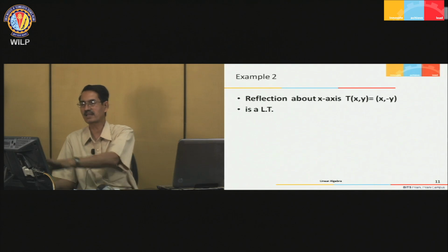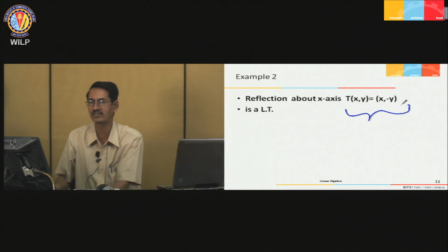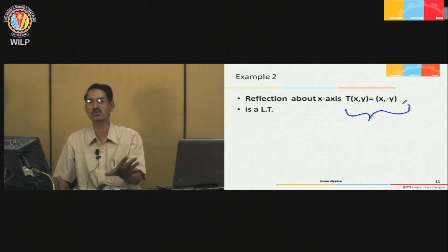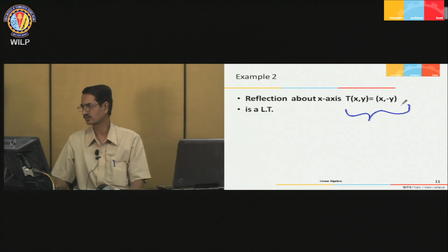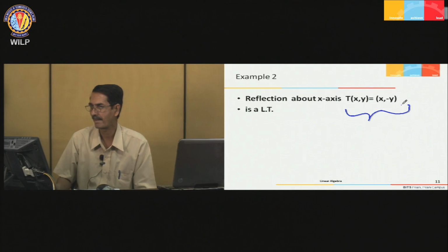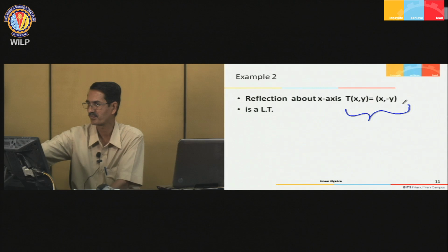So, reflection about the x-axis, which is defined in this fashion, is a linear transformation; it will satisfy both the properties. Check this part very clearly, that it will satisfy T of u1 plus u2 is T of u1 plus T of u2, and T of alpha u is alpha times T of u.